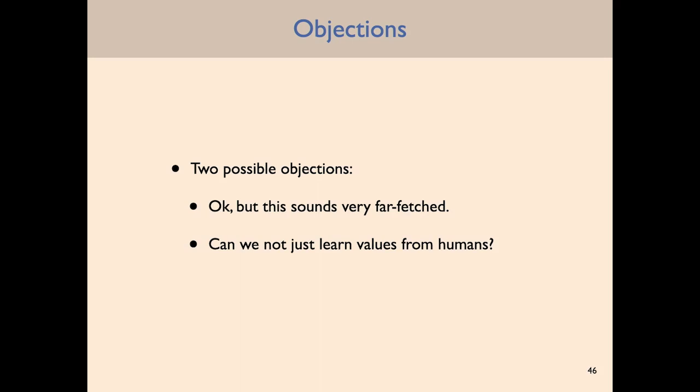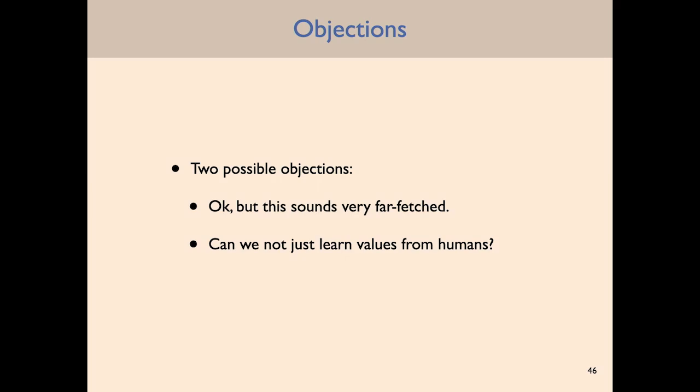The other one is, can we not just learn values from humans? If a robot is observing humans going about doing things, can we somehow learn from that? The second point will tie into our discussions on learning later on, and maybe if we have time, we can revisit this value learning problem. But I just want to address the first one.